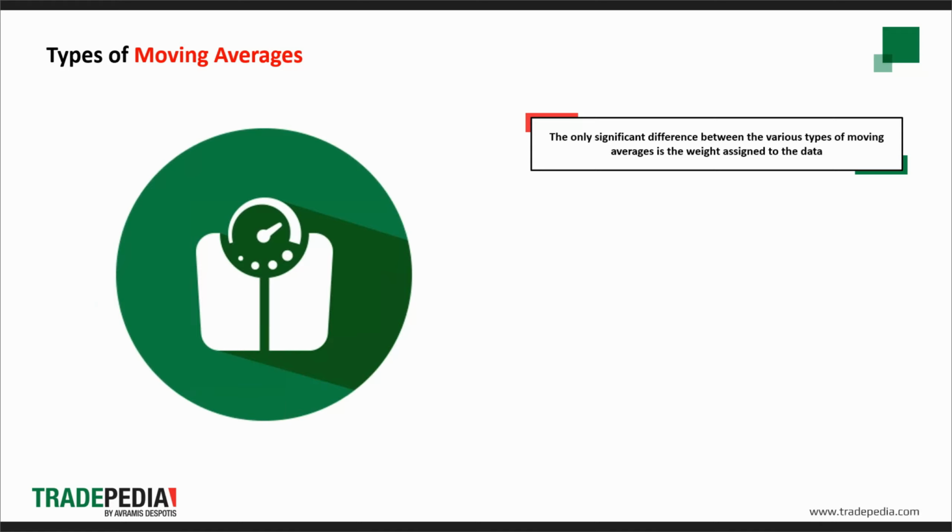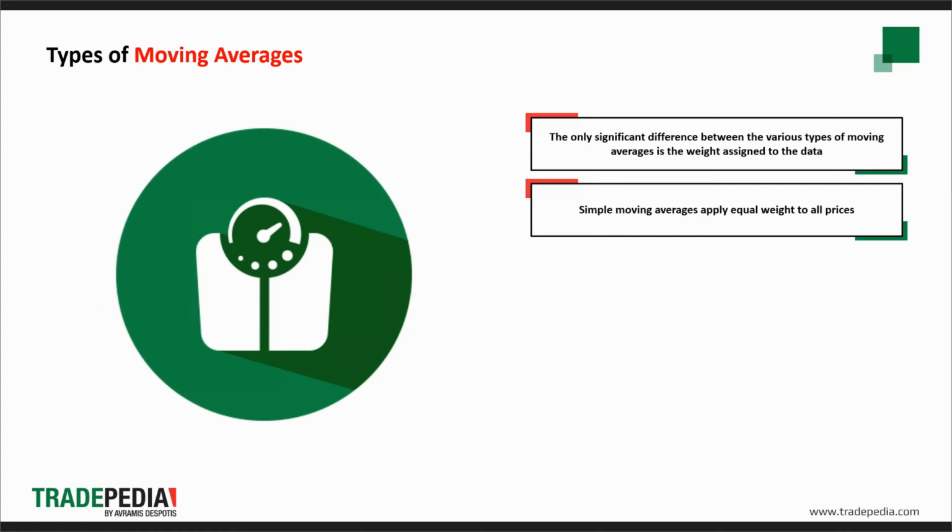Basically, it is how you give weight to the different periods and the different prices during those periods. So there are many different kinds. Simple moving averages simply apply equal weight to all prices. So if you're looking at a 10-day moving average, for example, all of the 10 days will receive the same weight. That's why you just take all the prices, add them together, and divide by 10. So that's the simple moving average.